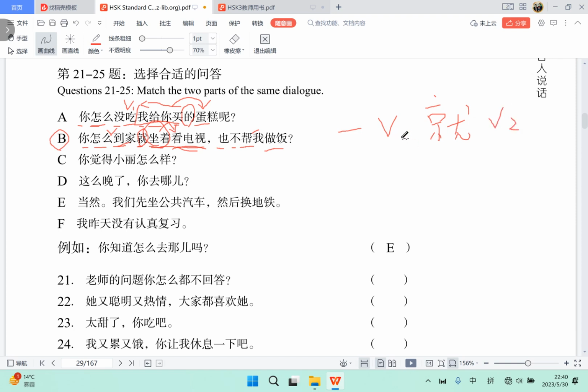And the second one is verb plus 着, which indicates the manner of the main action, or just accompanies the main action. So this is the structure. In this sentence they mixed these two, so it's a little bit difficult.